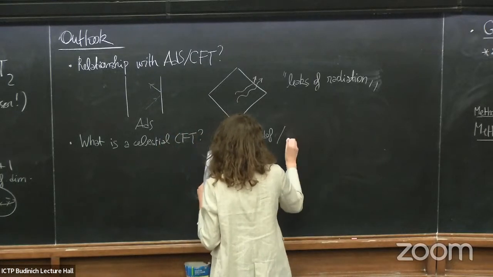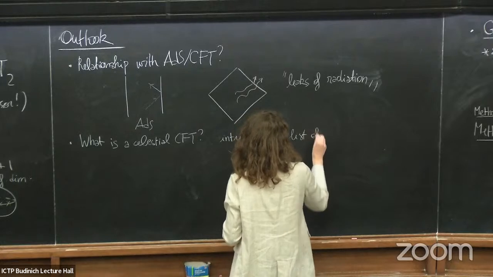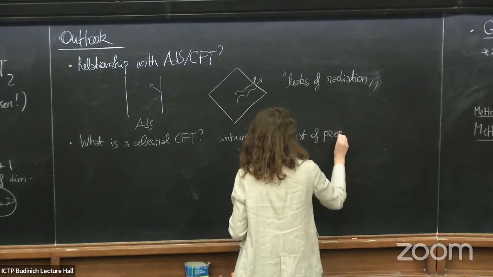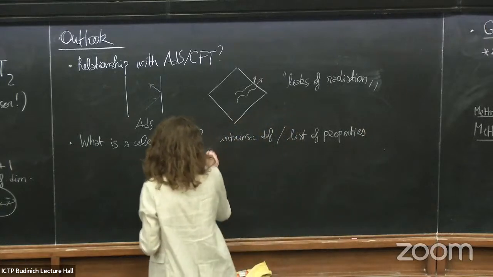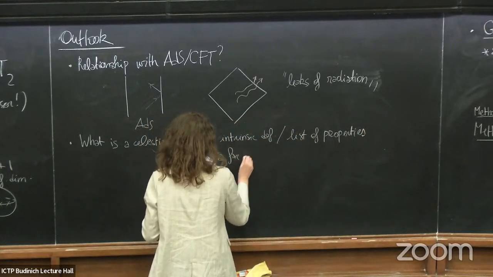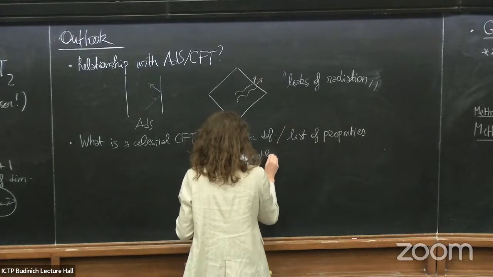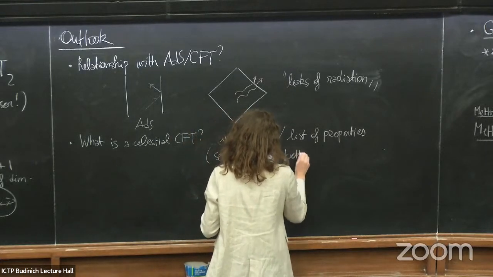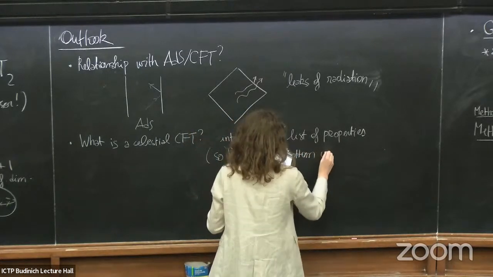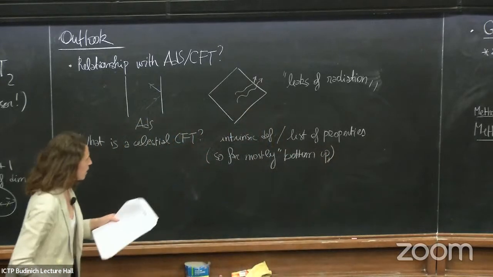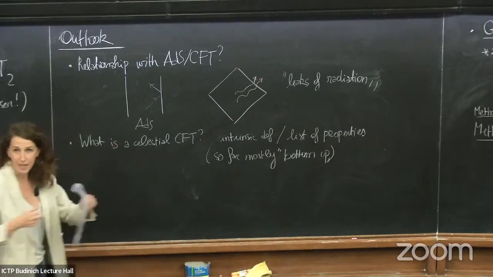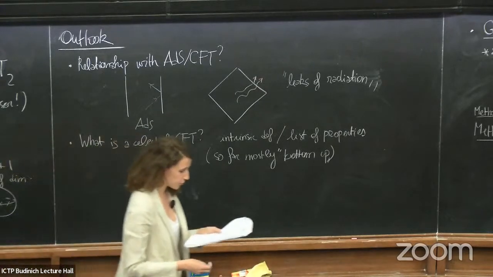Or a full list of properties that this theory should obey. Because so far, it was mostly bottom-up from what we already knew from amplitudes. And we want a top-down approach. We want to start with the CFT and infer something we didn't already know in quantum gravity.